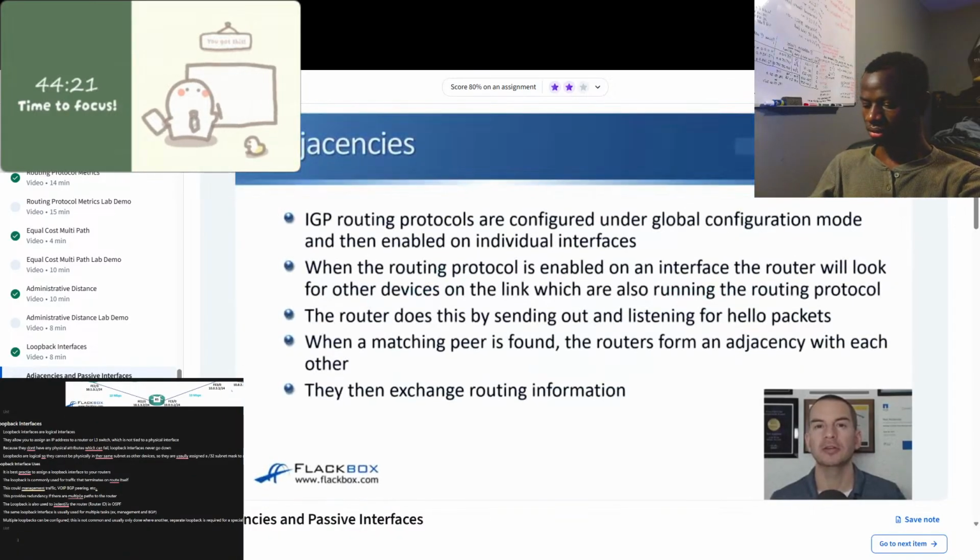In this lecture, you'll learn about adjacencies and passive interfaces.